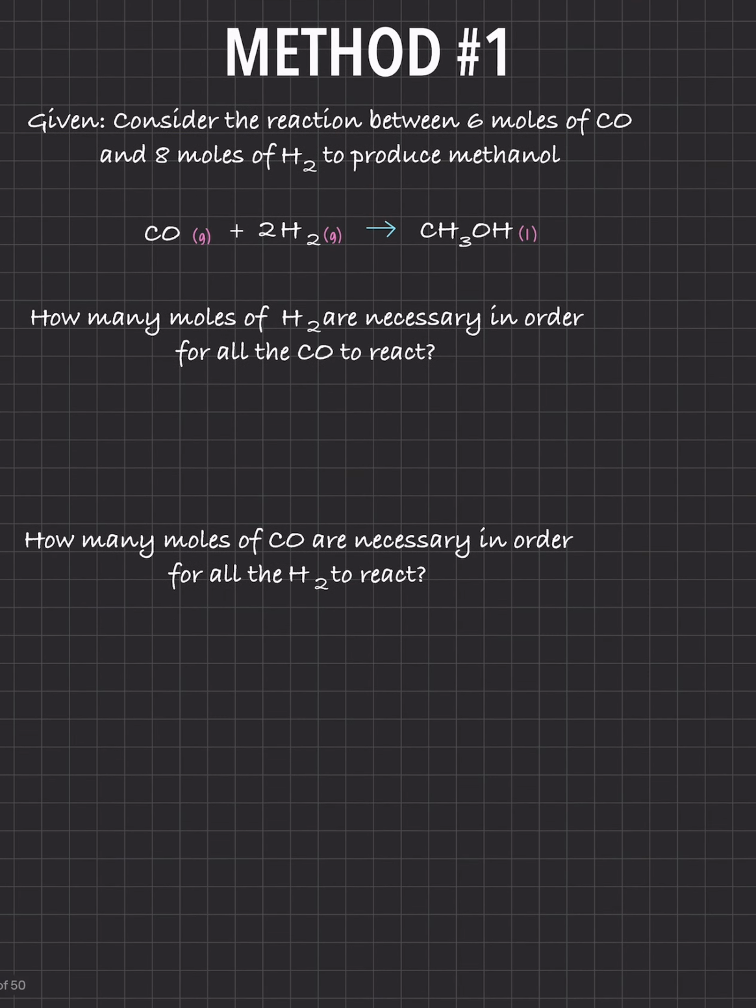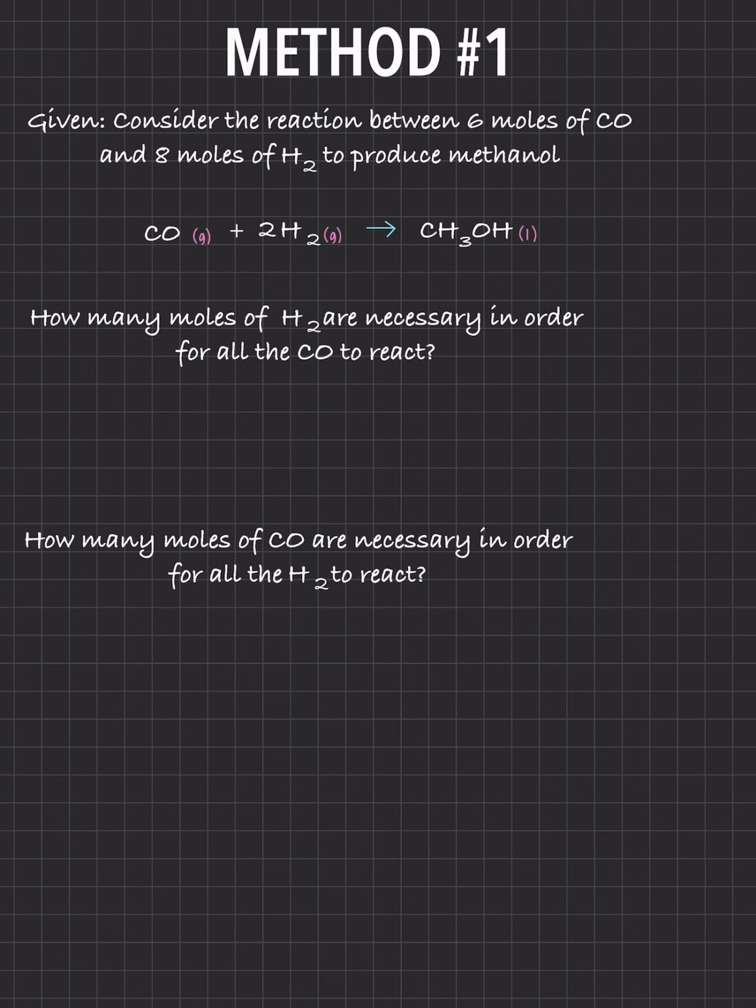So this is method 1. It says, consider the reaction between 6 moles of carbon monoxide and 8 moles of H2 to produce methanol. So how many moles of H2 are necessary in order for all the CO to react? Well, if you're not sure about dimensional analysis, go check out that video and come back to this one.